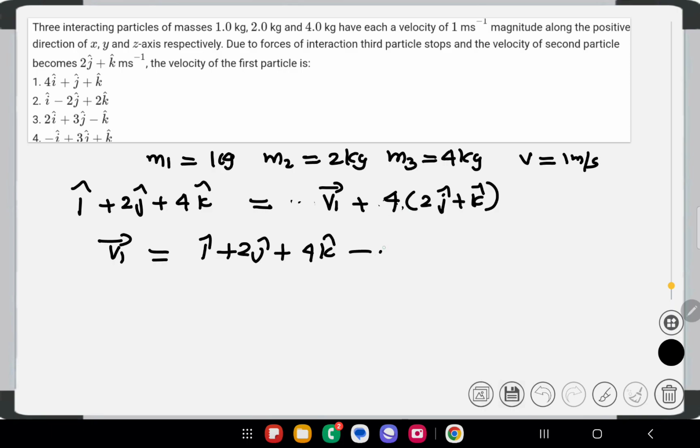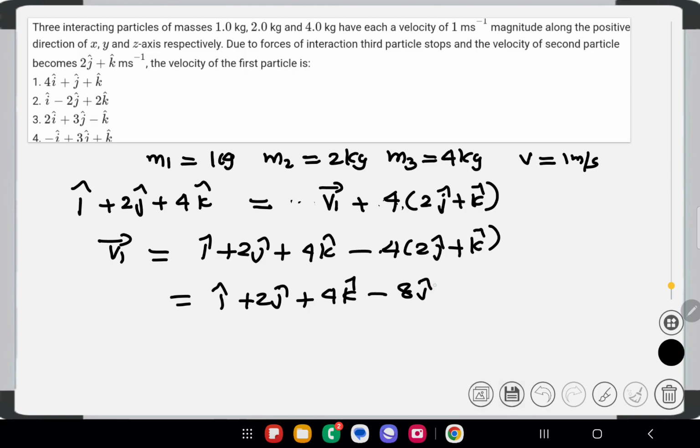minus 4 into 2j plus k. So you get i cap plus 2j cap plus 4k cap minus 8j cap minus 4k cap. Here the mass of the second particle is 2 kilogram actually.